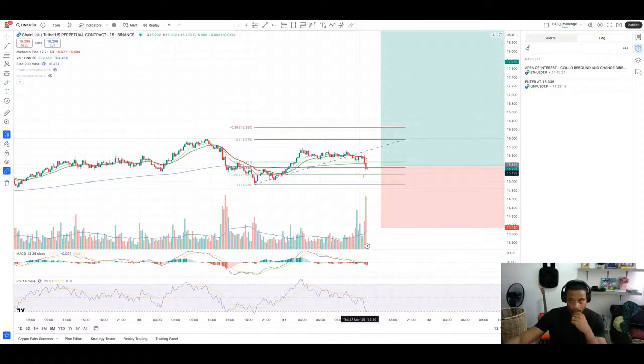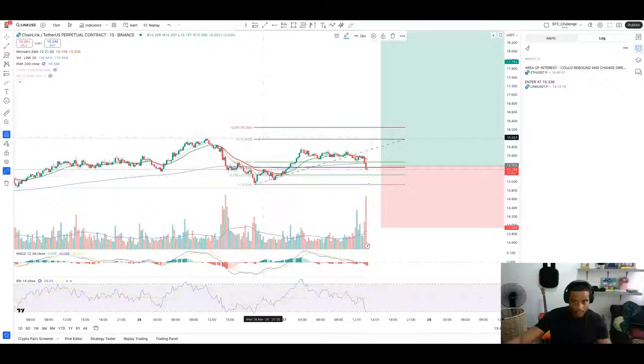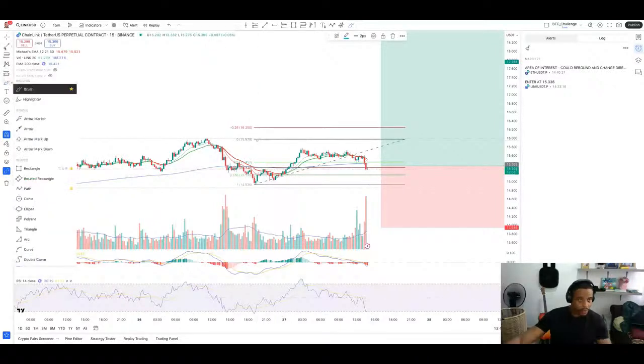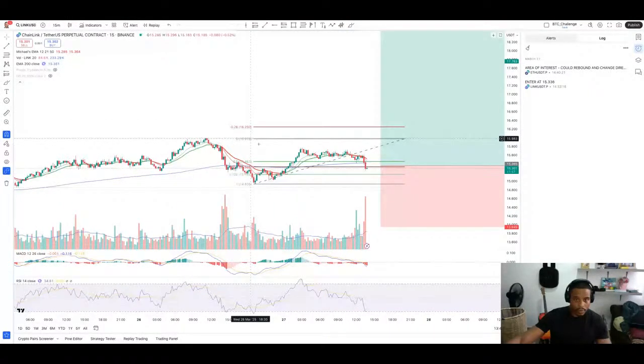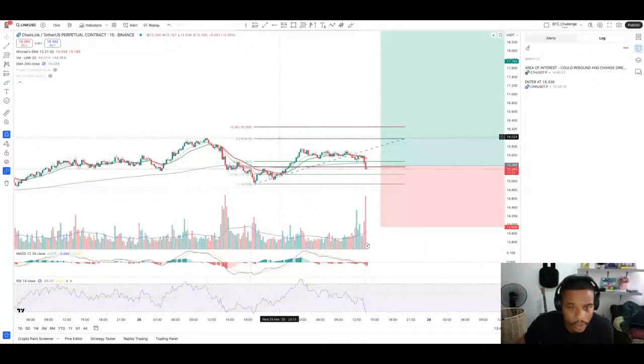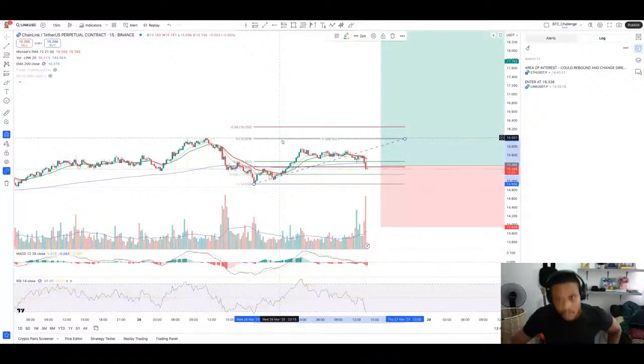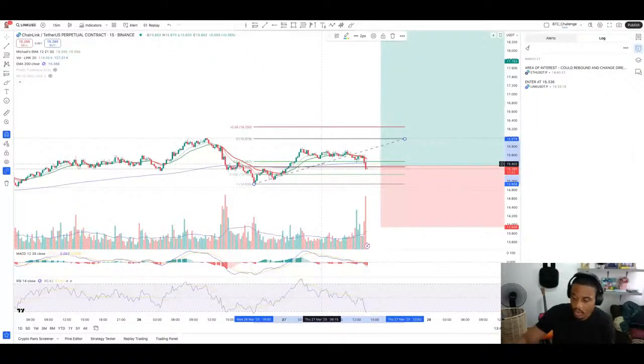So there's something happening here now. There's a downtrend on the 15 minutes. So it could be that we caught this early, right? On the 4 hour, we are getting an uptrend continuation.